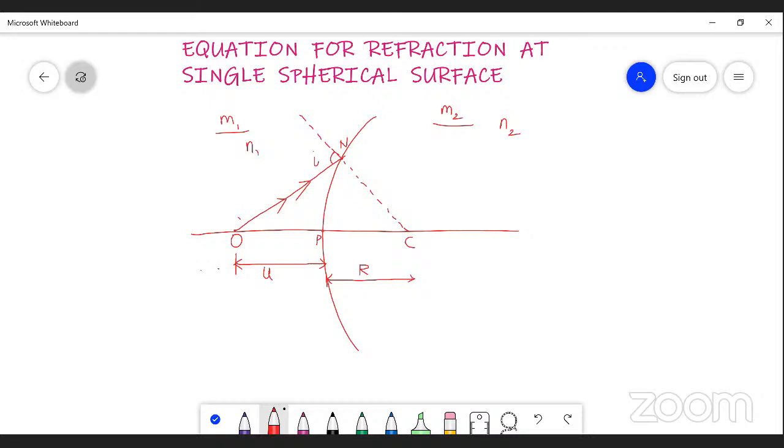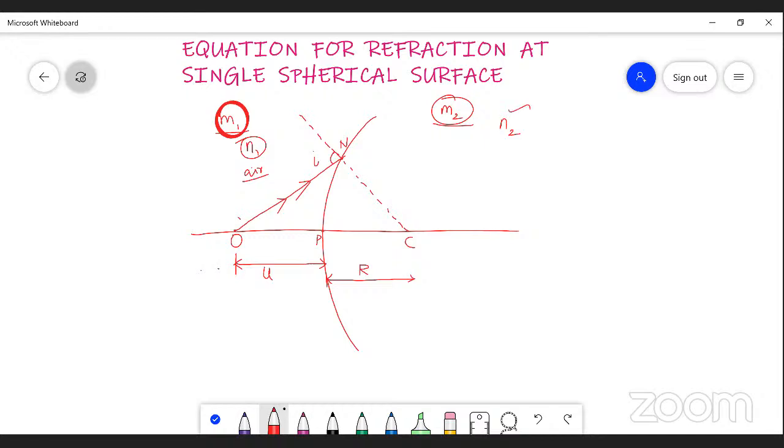Listen to me. The incident medium is medium 1, the air medium, which is rarer. This is medium 2, the denser medium. When light passes from rarer to denser, the refractive index of the first medium is N1 and of the second medium is N2.